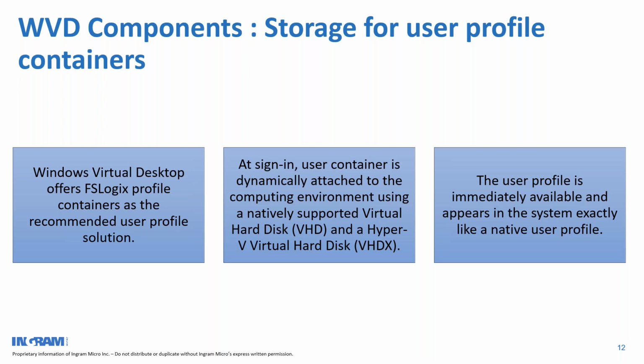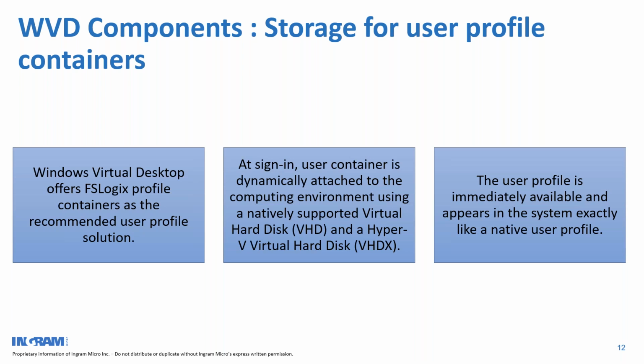So what exactly happens in the backend? This is a complete explanation of what actually happens in the backend. The end user doesn't even notice these things happening when he logs in. So in the backend, when a user logs into Windows Virtual Desktop, his user profile data is stored outside the Windows Virtual Desktop server or the session host, right? When he logs in, it automatically attaches this container to the session host.